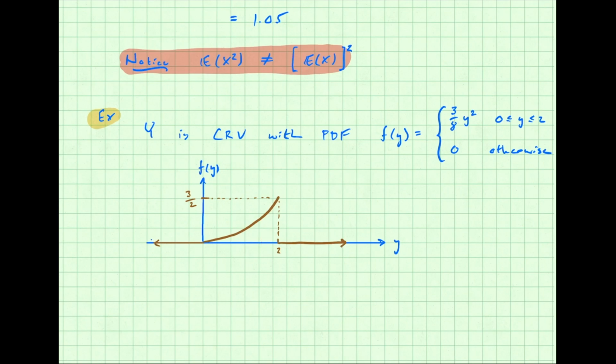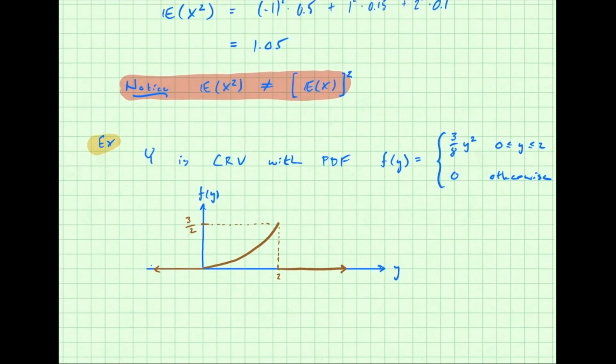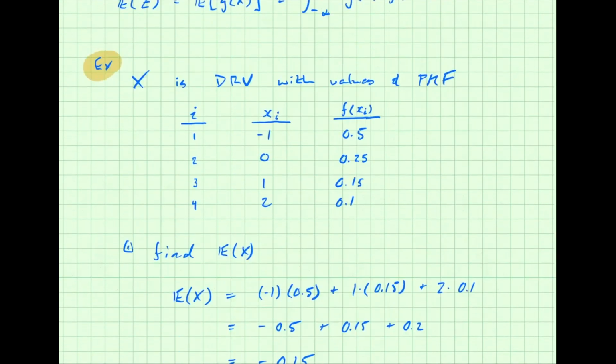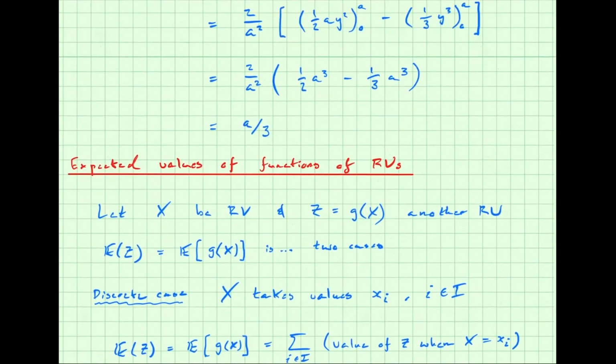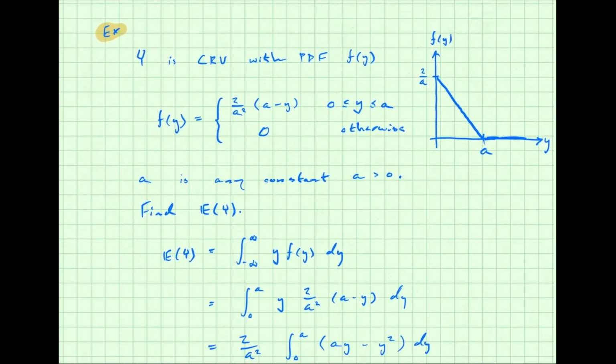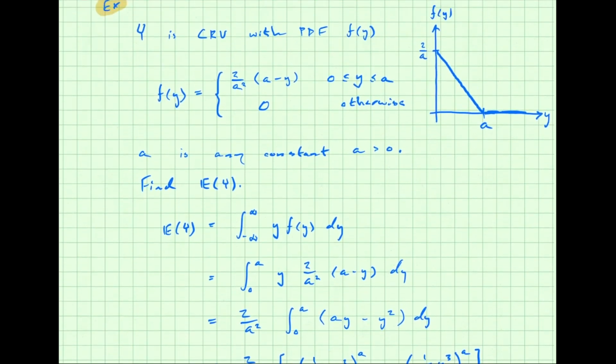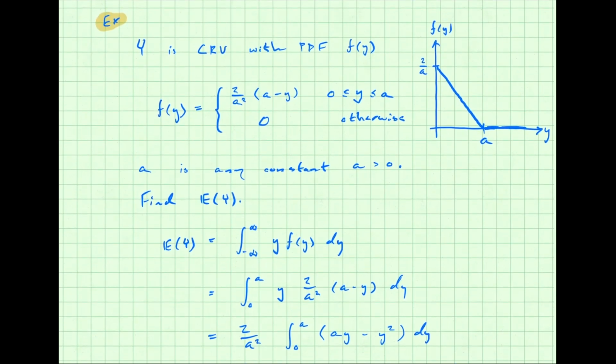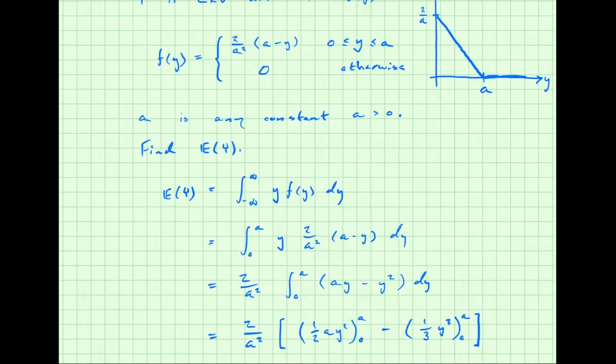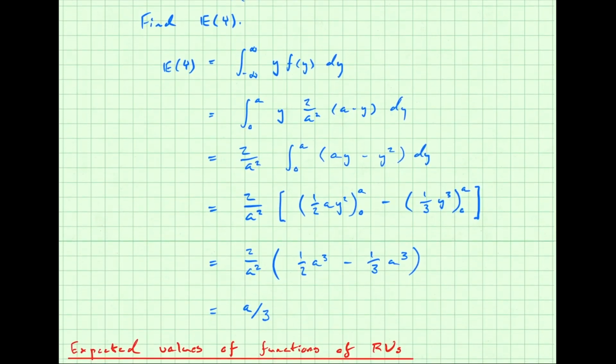Oh, I forgot to verify that the one we looked at before was actually in the right place. So let's go back and do that. We had this distribution before, and I talked about the range. I expect the expected value to be somewhere in there, and the expected value was a over 3.